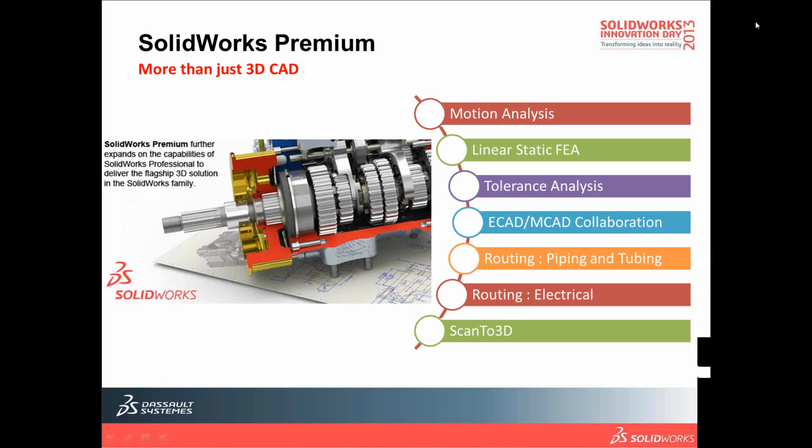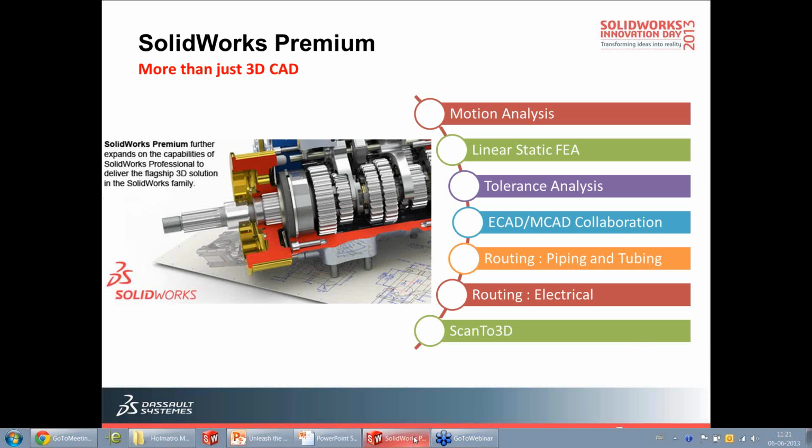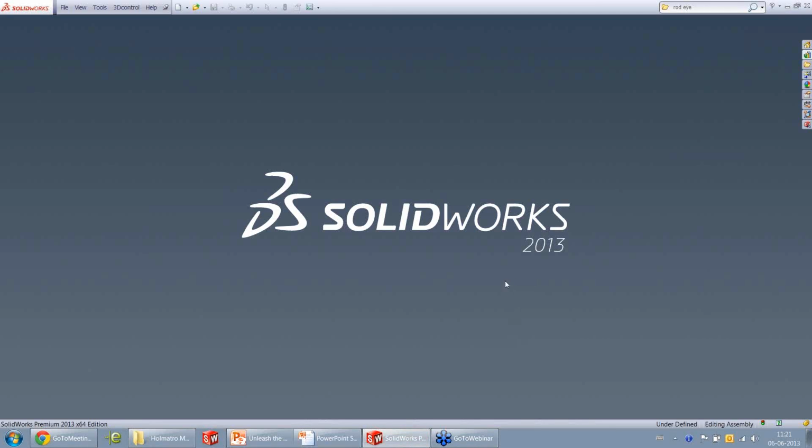I'd like to move to the next topic, which is linear static analysis of parts and assemblies. If you are aware, SolidWorks at all levels, be it Standard, Professional, or Premium, offers some level of finite element analysis.